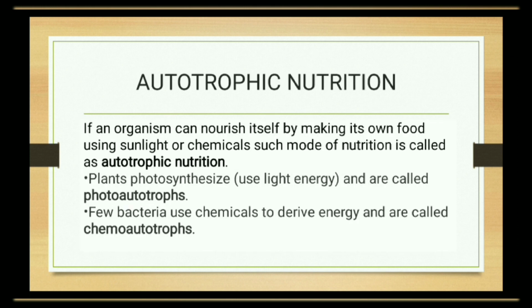Autotrophic nutrition: if an organism can nourish itself by making its own food using sunlight or chemicals, such a mode is called autotrophic nutrition. Plants photosynthesize, using light energy to make their food, so they are called photoautotrophs. A few bacteria use chemicals to derive energy and are called chemoautotrophs.